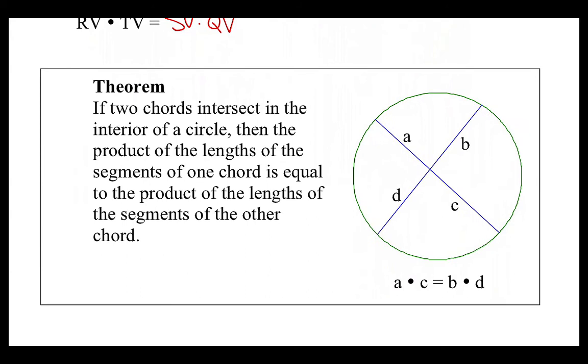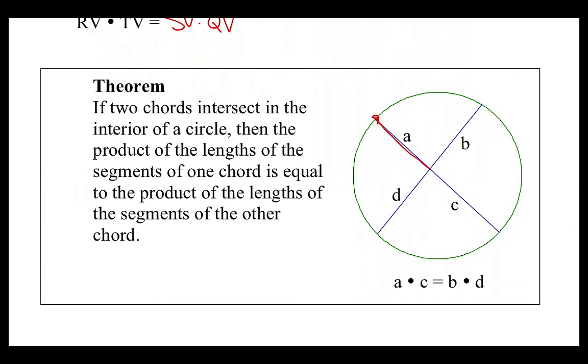So it basically boils down to this. If two chords intersect each other in the inside of a circle, then the product of those segments of one chord is equal to the product of the lengths of the segments of the other chord. Now it sounds like a lot in words, but it's basically saying this.